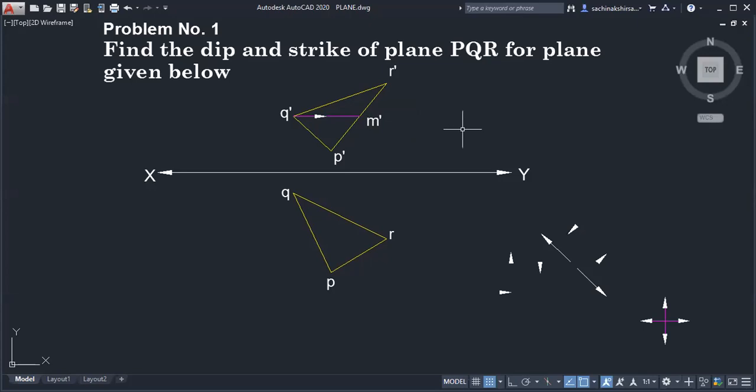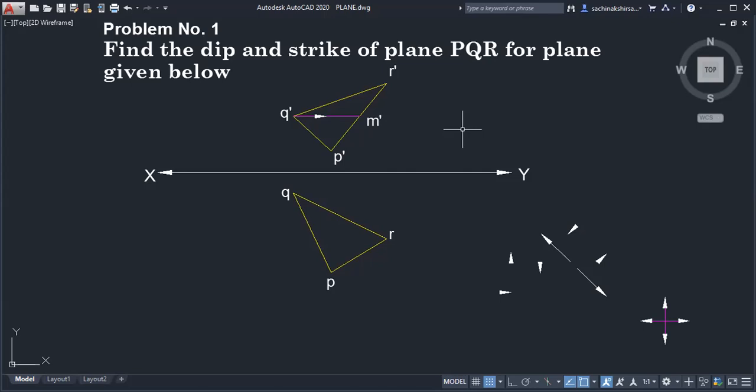How can you locate this M dash point in top view? What do we have to do to go to top view? We have to draw one projector line. How will that projector line be?